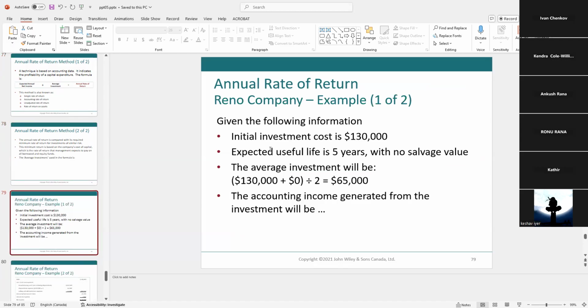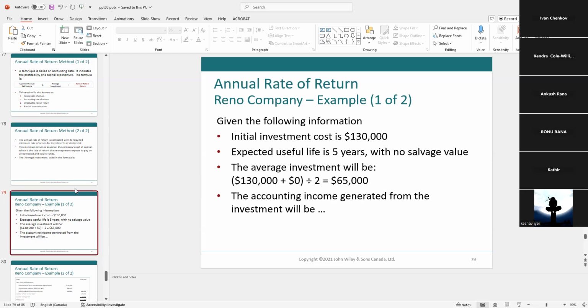So how are we going to calculate it? The information given: the initial investment is 130,000. Expected useful life is 5 years with no salvage value. Average investment will be 130 plus 0, since there's no salvage value, divided by 2, which is 65,000. How are we going to calculate the accounting income generated from the investment?